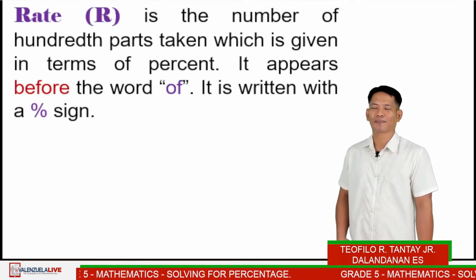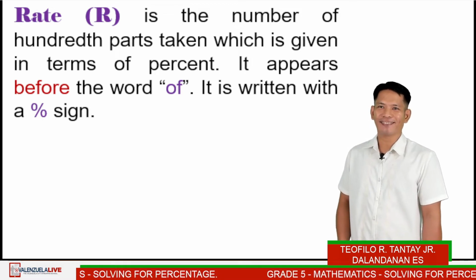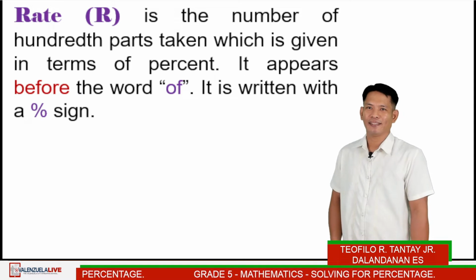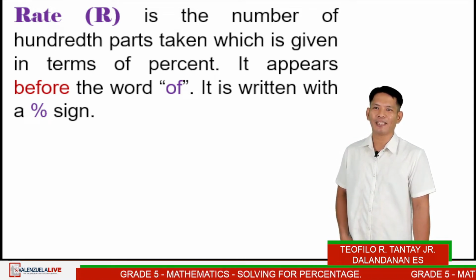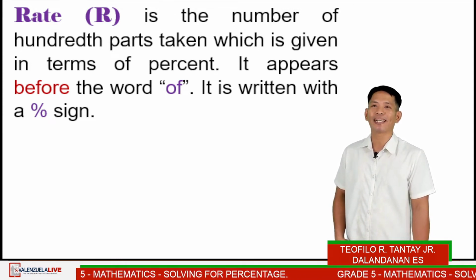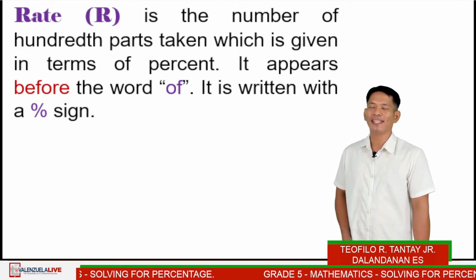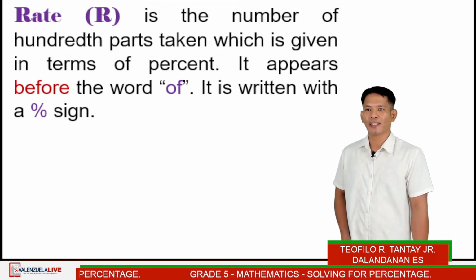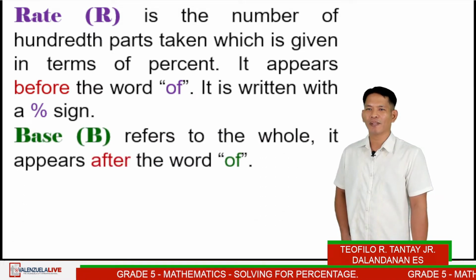Let's continue. Let's define the three elements. Rate is represented by capital letter R. It is the number of 100 parts taken, which is given in terms of percent. It appears before the word of, and it is written with a percent sign. Of the three elements, rate is the only number with a percent symbol. How about the base?